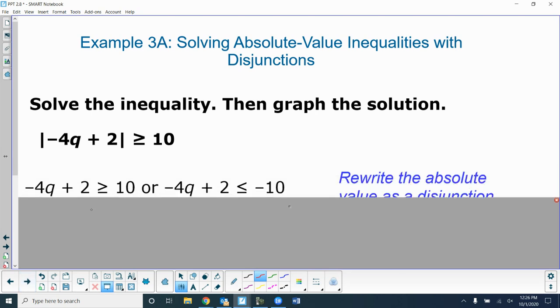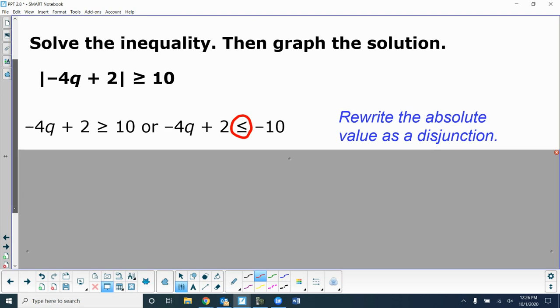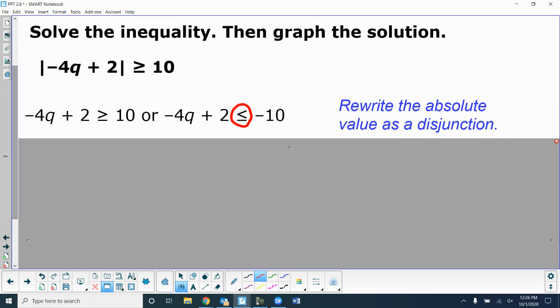So you have to remember to flip the sign also on the inequalities. There are 2 things you have to change: the number to negative and the direction of your inequality symbol on your second problem. And from there, it's just like yesterday, right? That's why we did those types of problems first.